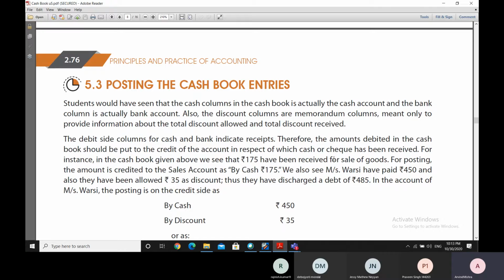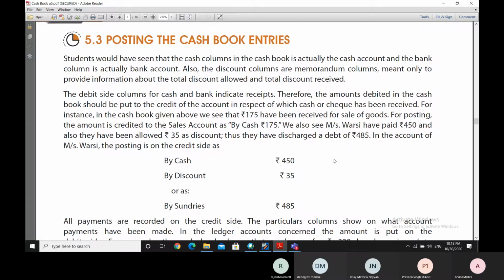So in this situation, in the account of Messrs. Varsi, we will be posting on the credit side. On the credit side of the account of Messrs.